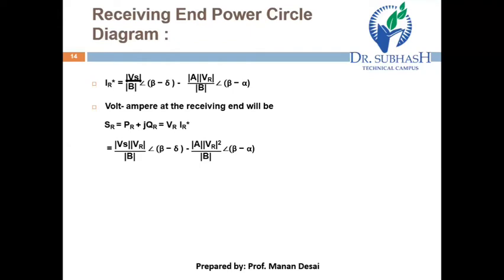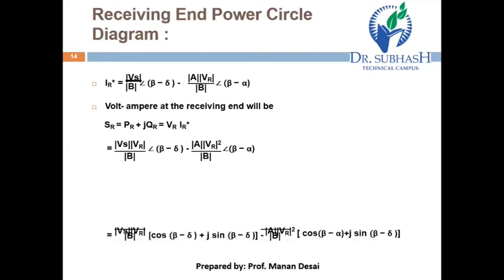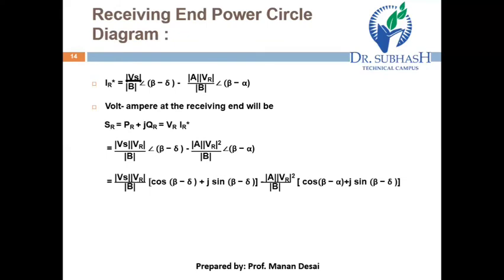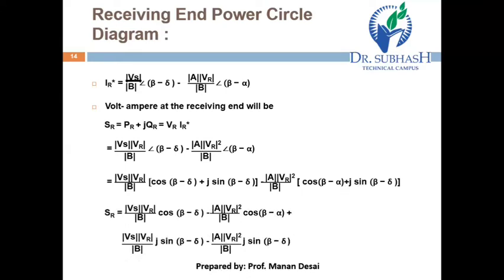So Vs VR upon B at angle beta minus delta, and A VR square upon B at angle beta minus alpha. These equations are simplified this way: cos(beta minus delta) plus j sin(beta minus delta), and cos(beta minus alpha) plus j sin(beta minus alpha). Now SR is equal to this equation.